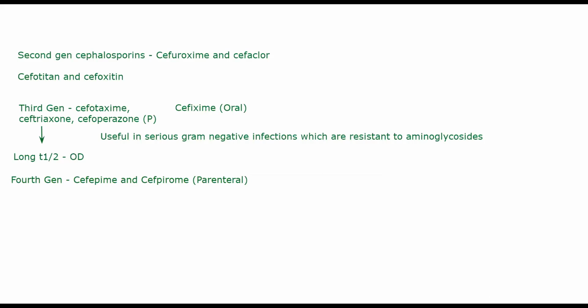Some important points about them: cefepime achieves good CSF penetration, or good CSF level, so it can be used in meningitis, or in specific infections of your brain or nervous system. And cefpirome has good tissue penetrability.